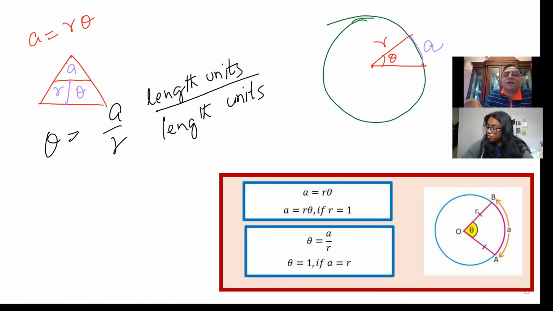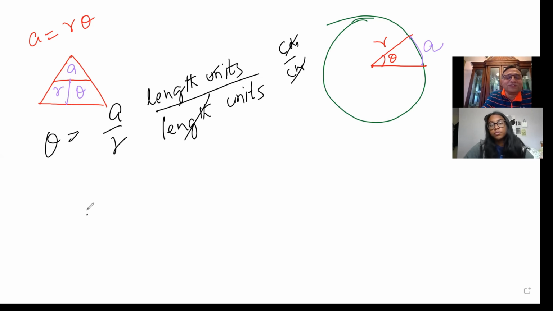So what do you see? If I write, for example, centimeter over centimeter, it cancels, correct? So strictly speaking, radian is the ratio. Theta is the ratio. It does not have any unit, correct? Because the length unit and length unit will cancel. So it is just a ratio.